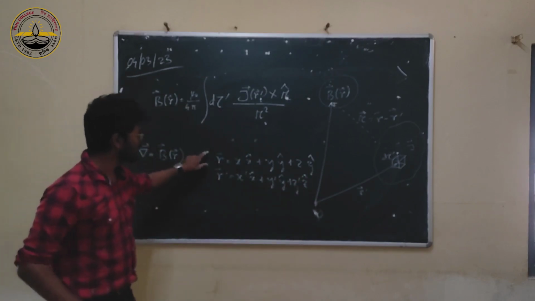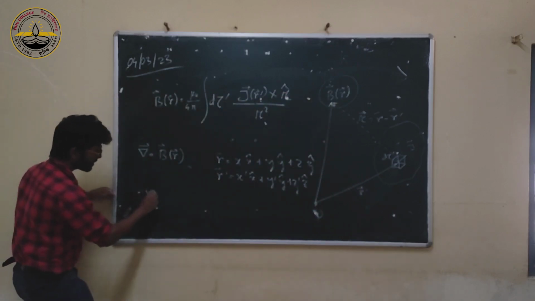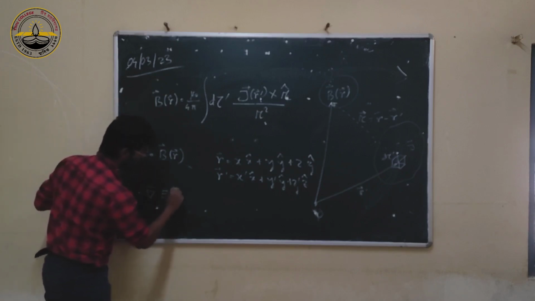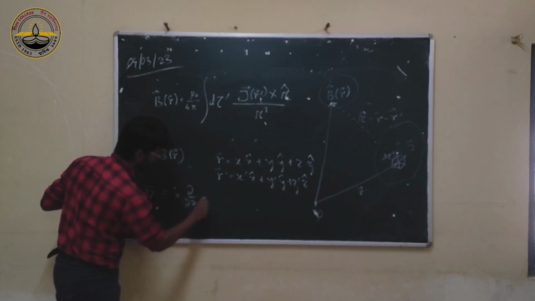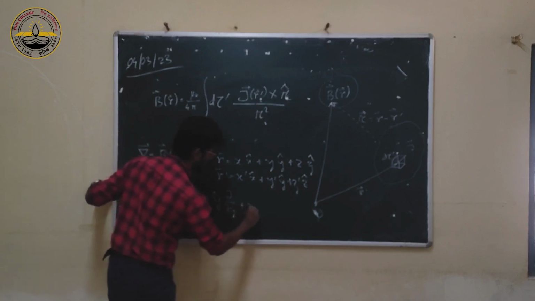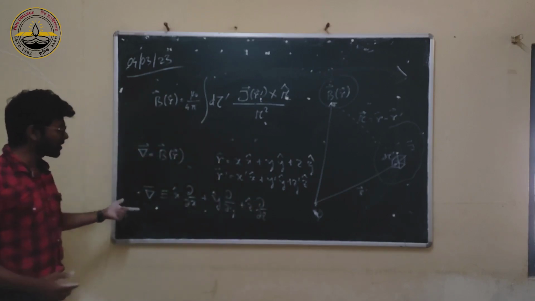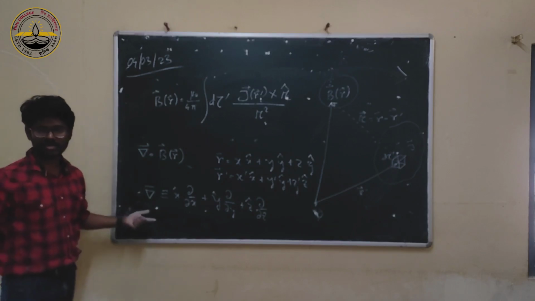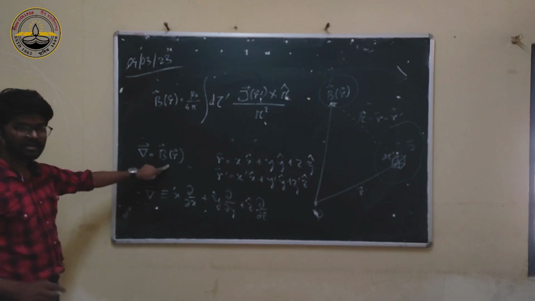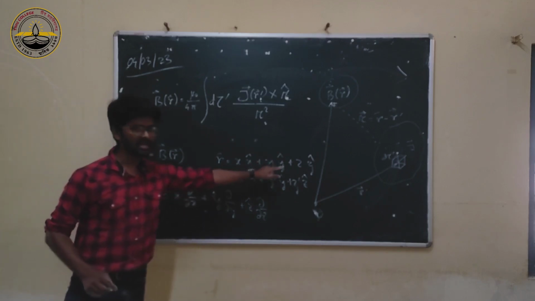Two different places they are. And del is of course the gradient operator, which is x cap del x plus y cap del y plus z cap del z in terms of Cartesian coordinates from last semester. So if I apply this on that, then these things are applying on x, y, and z.